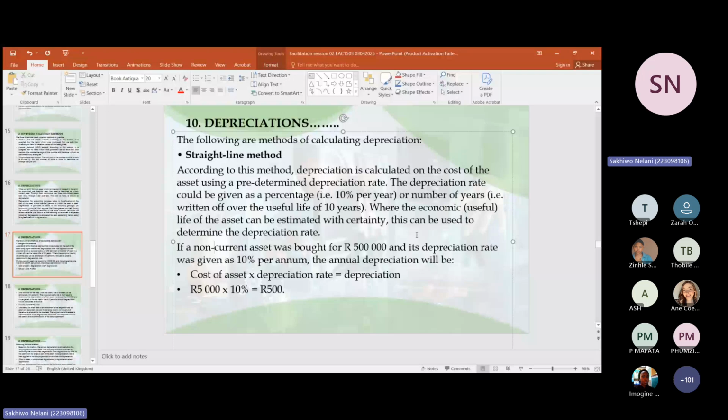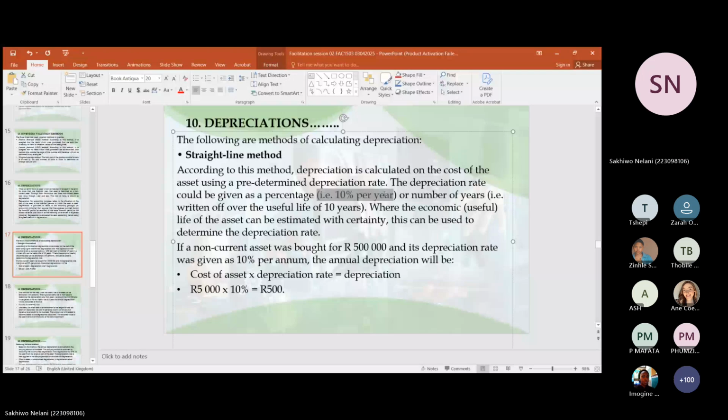So if we are told that the useful life of this asset is 10 years, we've got two possibilities: either you are only provided the number of years, or you are provided with the percentage in terms of your accounting policy.